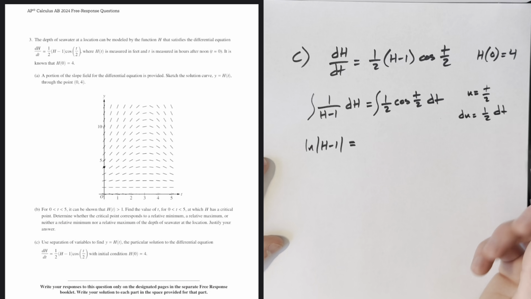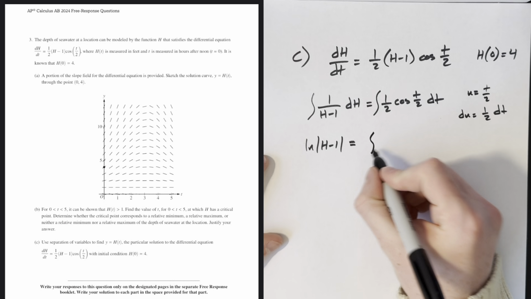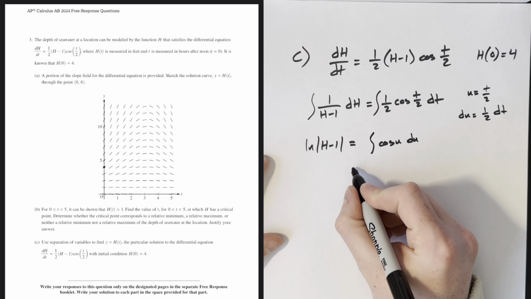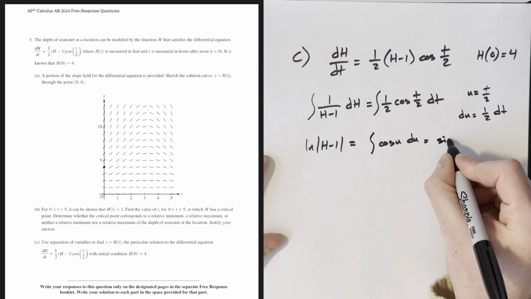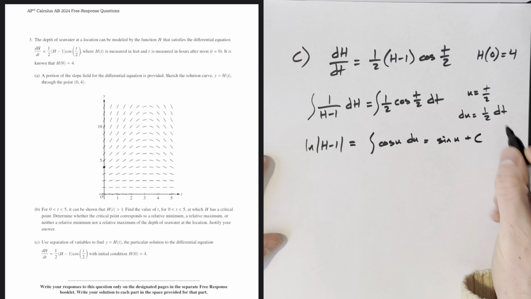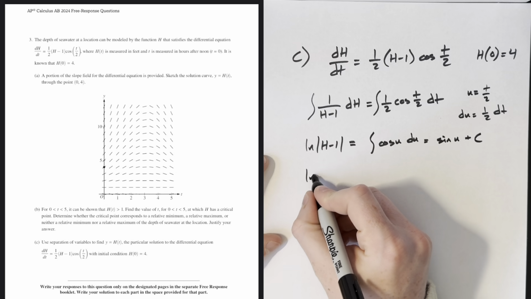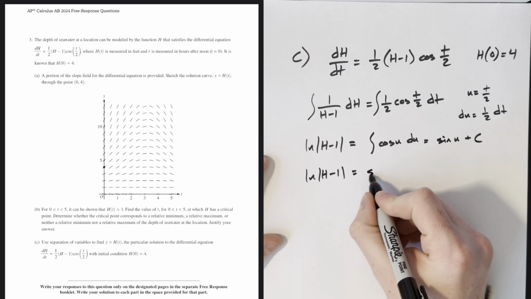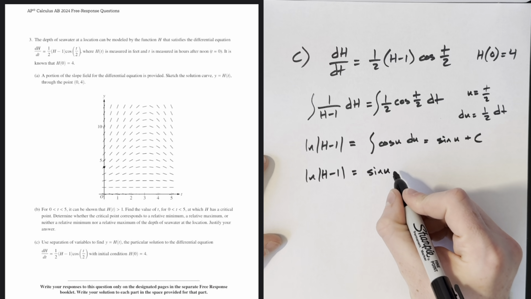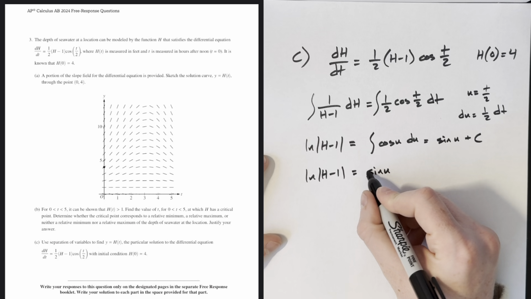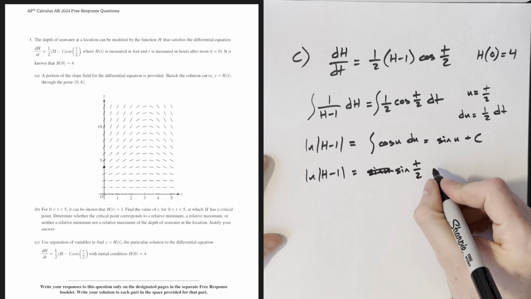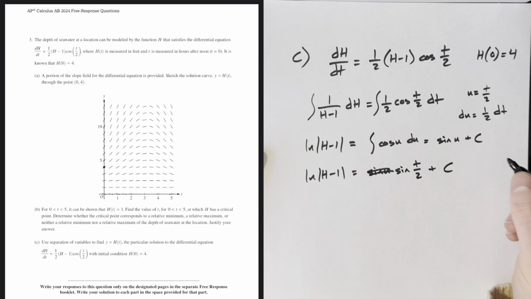We have 1/2 dt, which is just the integral of the cosine of u du, which we know is equal to the sine of u plus c. I'll plug back in my t over 2 and get this as my final equation. The integral of cosine is equal to sine, so we get the sine of t over 2 plus c. And that is our solution curve.